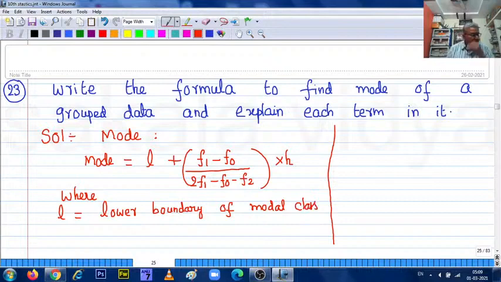Next, F1 is equal to the frequency of the modal class.